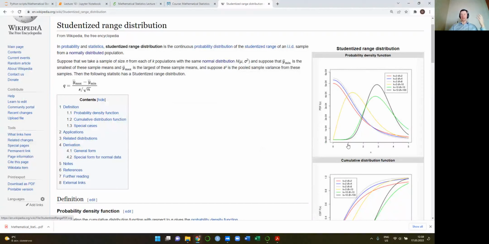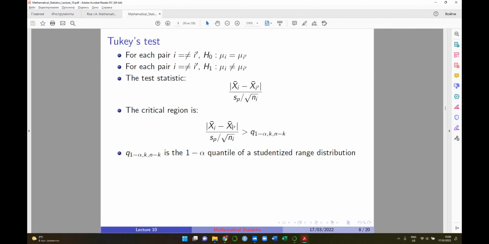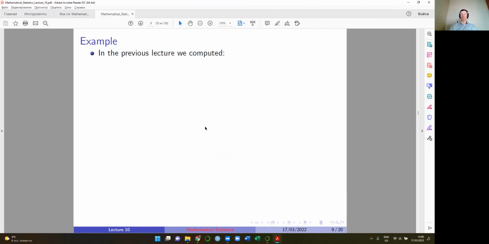Therefore, it's not reasonable to take the left-sided rejection region, left tail. It's not necessary to take. Why? Because it is just unreasonable. So you want this difference, either it's negative or positive, but the absolute value of the difference large enough. So therefore, we take only the right-sided tail. Something like this.